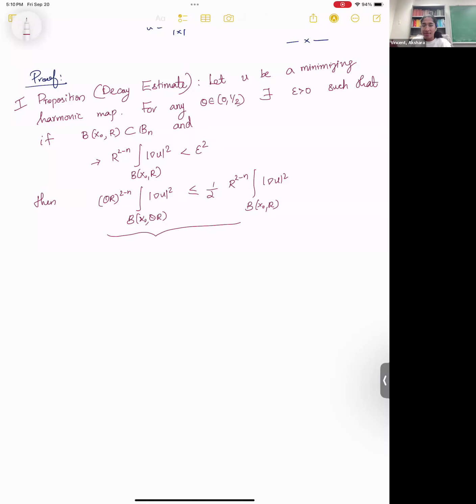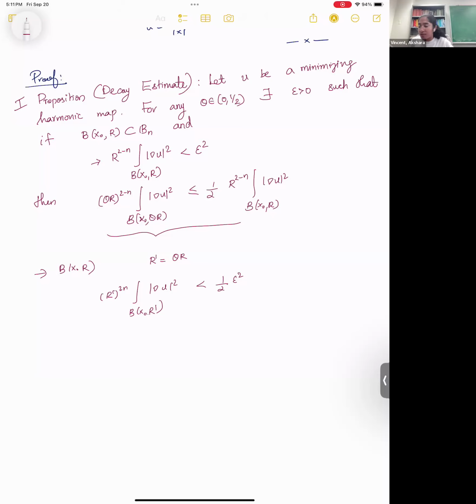Suppose we assume that we have this result for now. How can you use it? This is like an iteration lemma. Suppose you have an initial bound on the ball B(x0, R) on the energy, the result says that there is a bound on theta R. Now you can choose a new radius R prime as theta R, and because of the result here, the integral over B(x0, R prime) of R prime to the power 2 minus n mod gradient u squared will still be less than 1/2 epsilon squared by assumption.